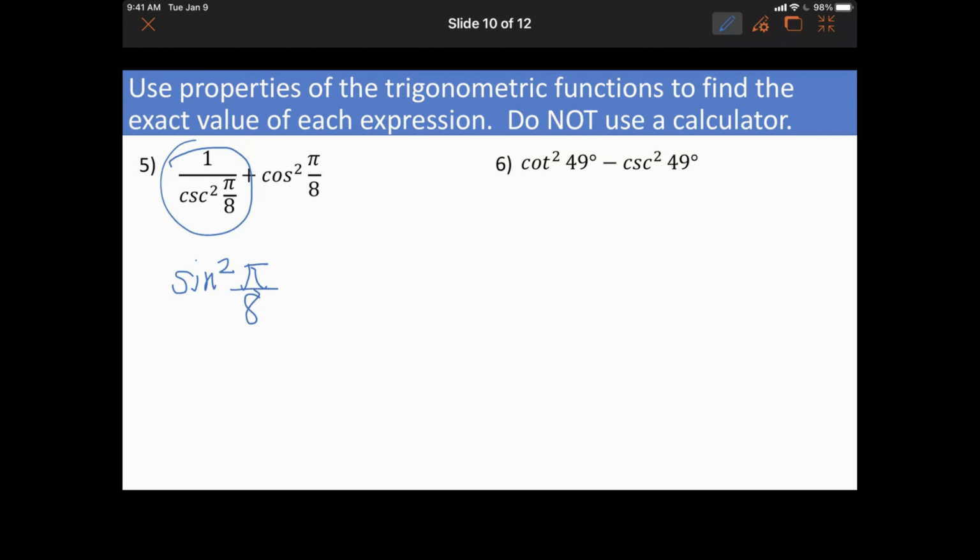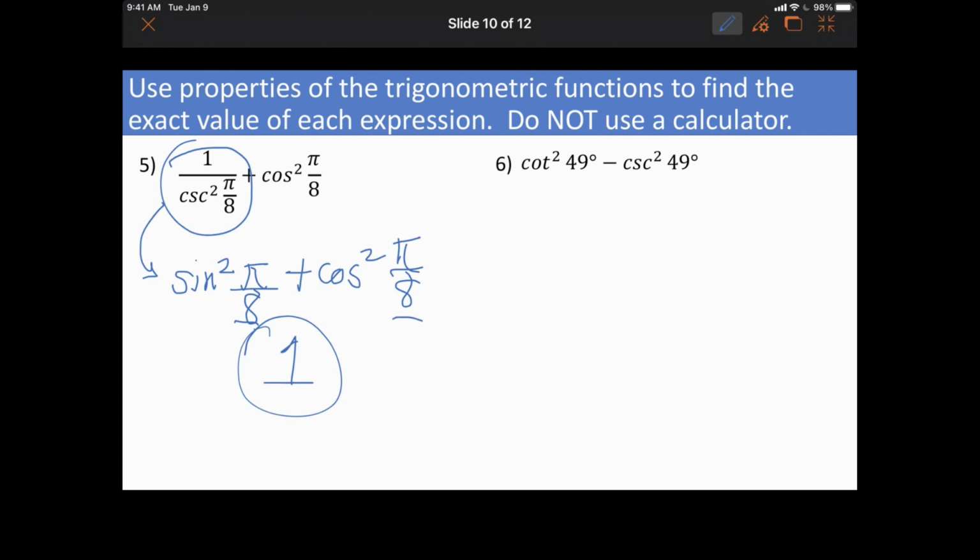So this equals that, plus cosine squared pi over 8. Same angle, the sine and cosine both squared, so that equals 1. We just have to make sure that the angles are the same.